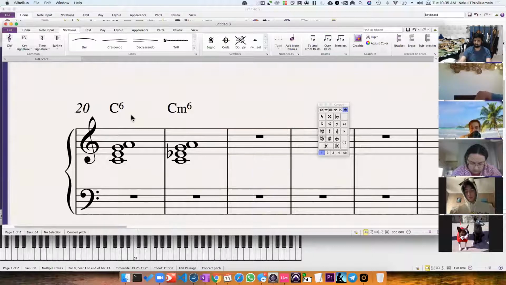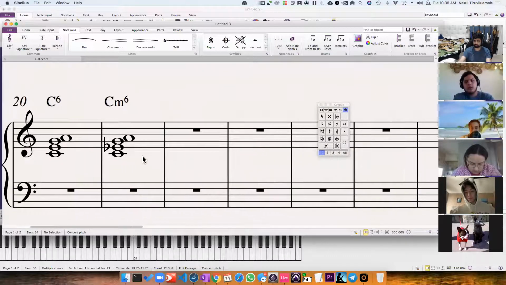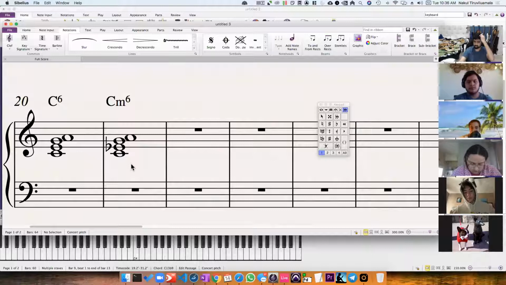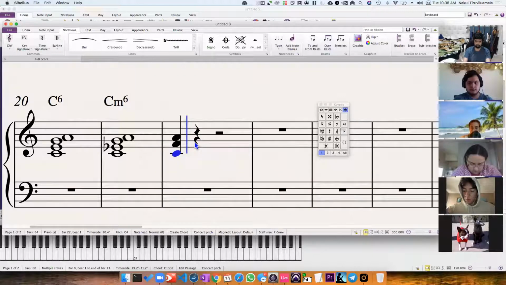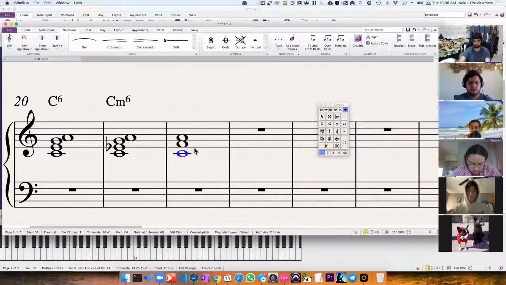I think that's all I have to say about 6 chords. I guess if we're talking about slash chords, that's another thing. So if I have this notation, yeah, I guess this is notation. What you're accustomed to doing, from a Roman numeral analysis standpoint, is something like this.